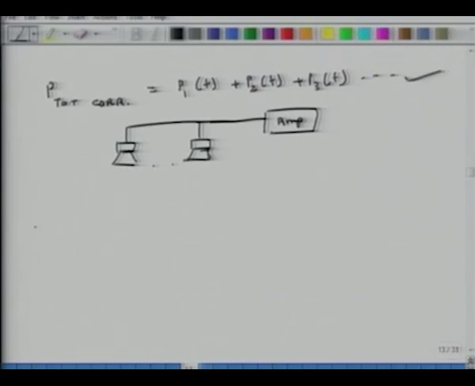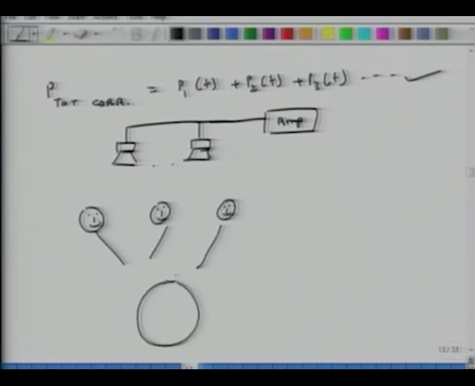If I have uncorrelated sound, I could have one speaker, or actually a human being. So I could have 3 human beings. They are generating sound, they are talking, and the person who is listening is situated a little away.